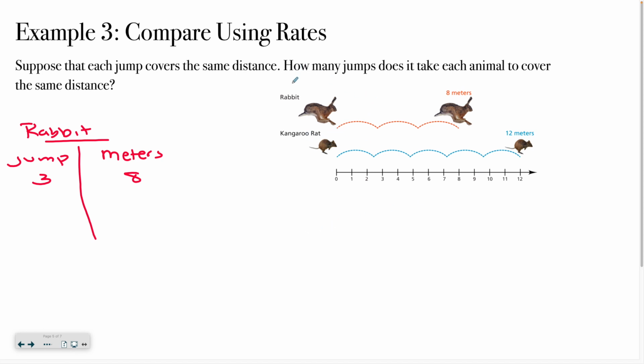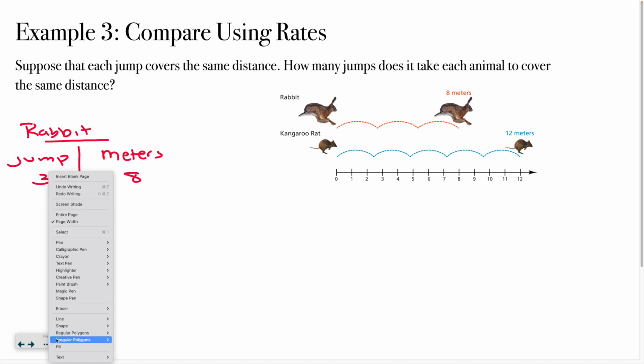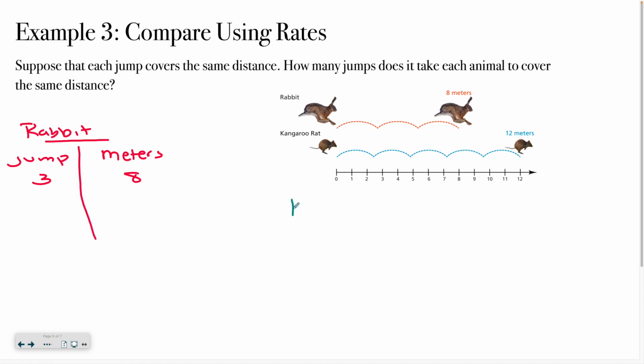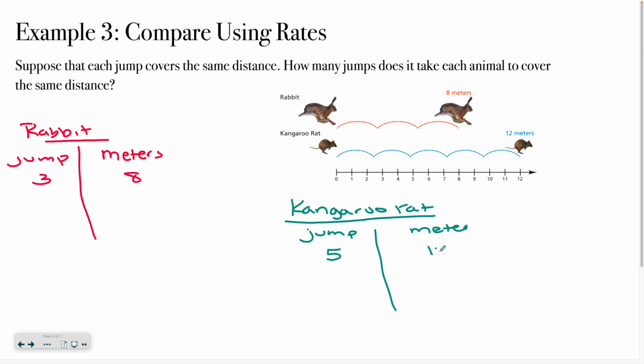So we want to see how many jumps it takes each animal to cover the same distance. Well, I know that the rabbit jumped 3 times and reached 8 meters. The kangaroo rat I can see jumped 1, 2, 3, 4, 5 to reach 12 meters. So I am going to make a little table for each. The kangaroo rat jumped 5 times and made it 12 meters.